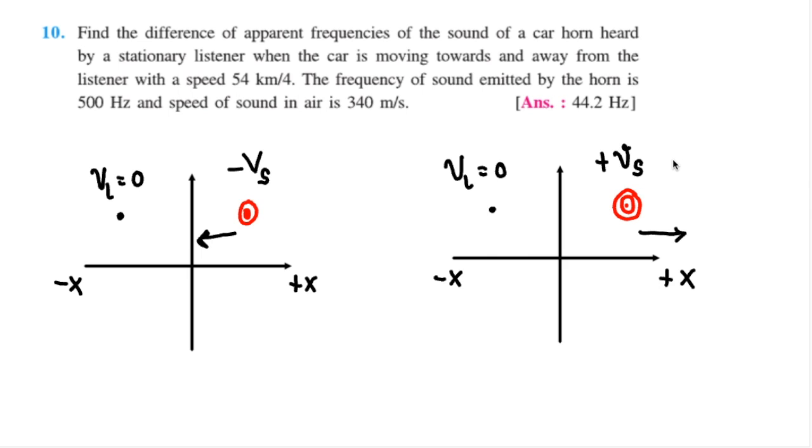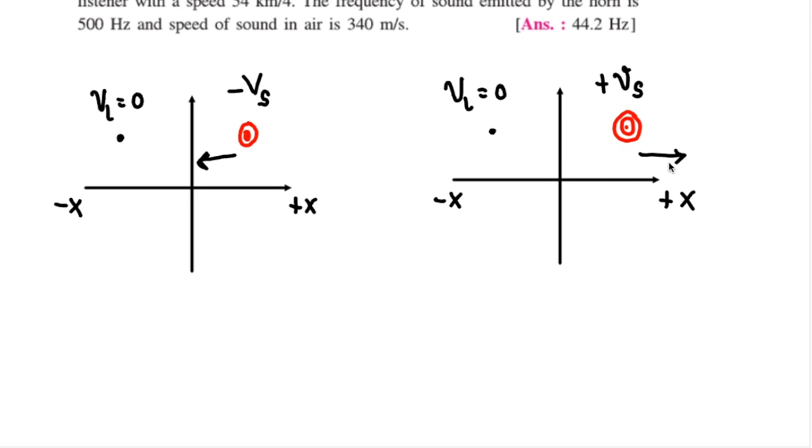Now velocity is given as 54 km per hour, and that should be converted into meter per second before placing it.